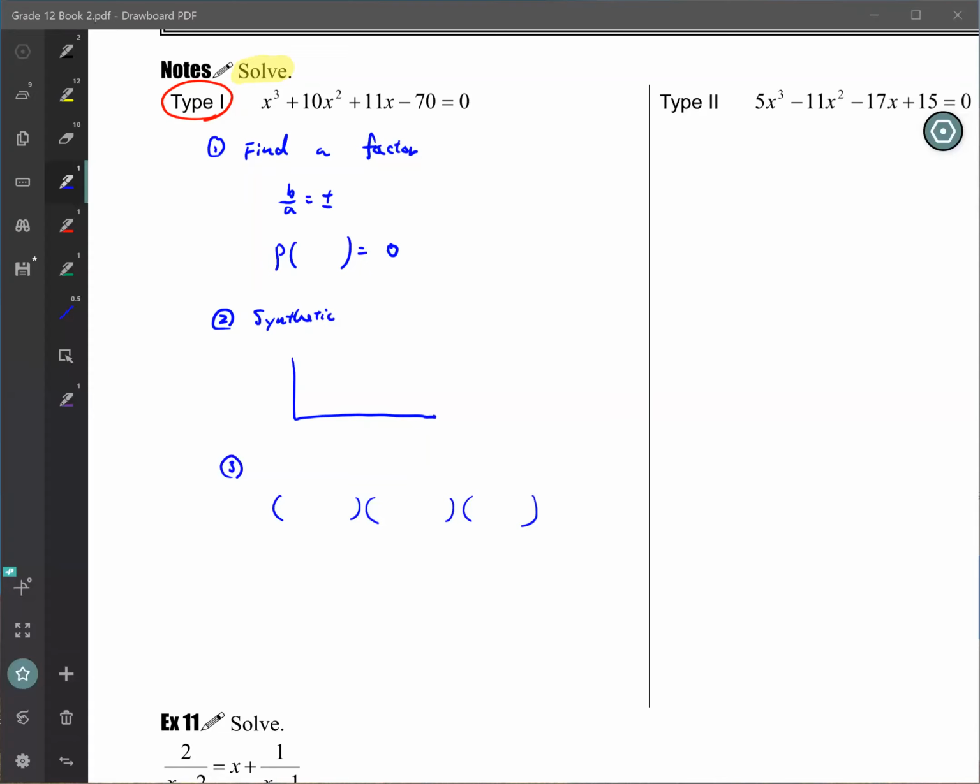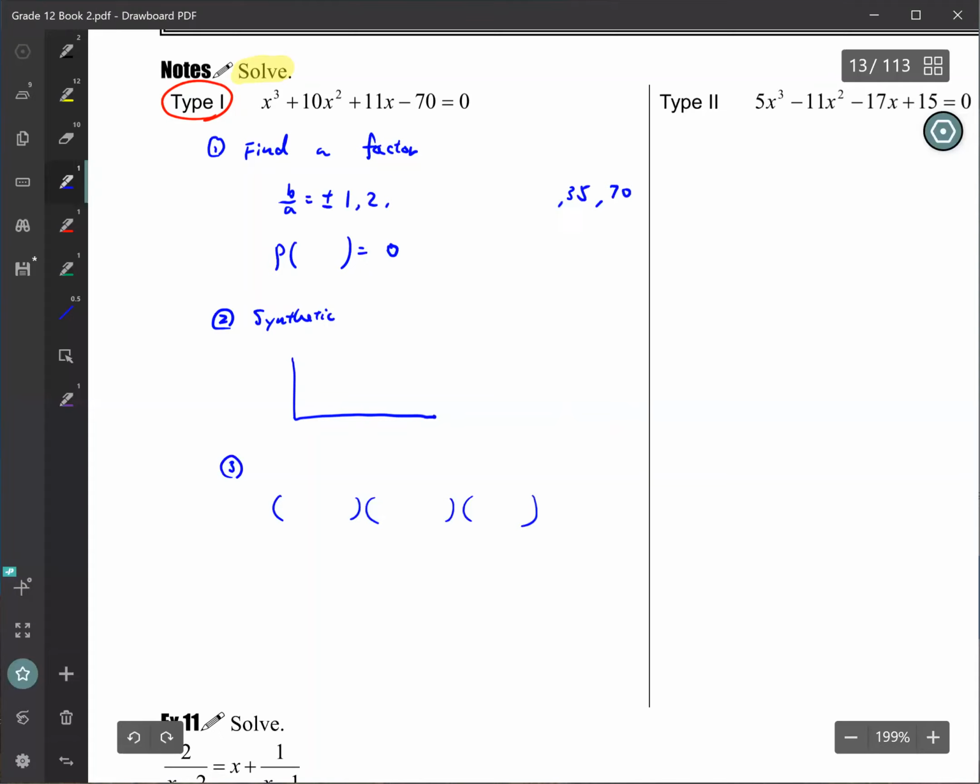Okay, I will list out the b over a. This one is easier to list. 1 and 70, 2 and 35. Any more? 3 doesn't work. 4, 5. 5 can work, right? 5 and 14. 6, 7, 7 and 10.